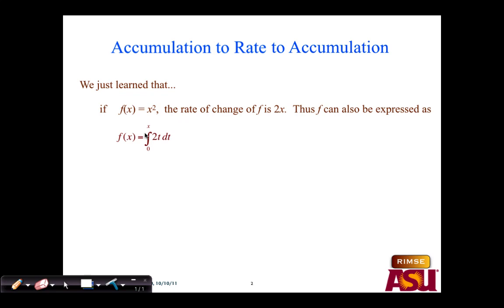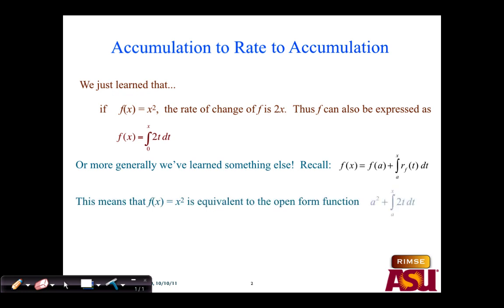If I have a square whose side length is 0, how much area do I have? 0, nothing, right? Nothing's accumulated yet. If I'm at side length 0, there's no area. So this is actually a special case of what we talked about for total accumulation also. There's no area at x equals 0.